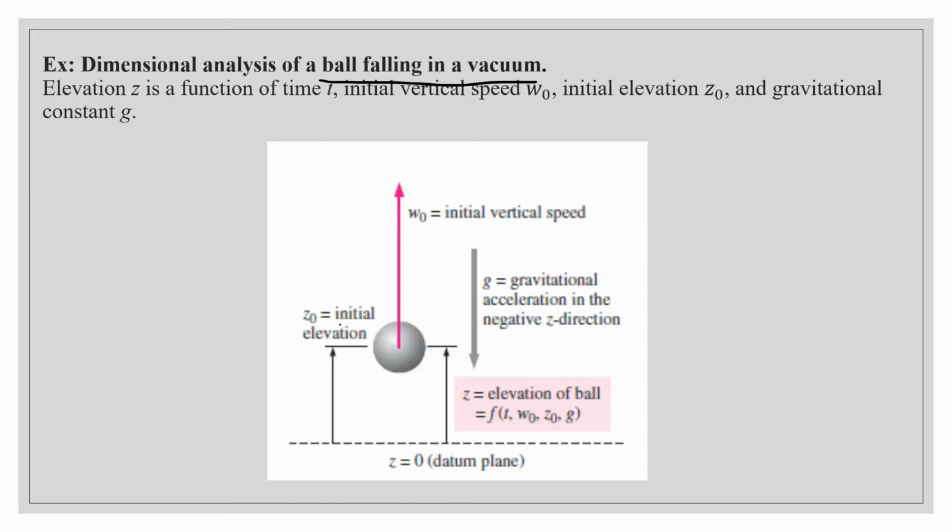The elevation of the ball, denoted by z, depends upon 4 parameters or variables: time t, w naught, the initial vertical speed, z naught, the initial elevation, and g, the gravitational acceleration. We know only these things, nothing more than that.